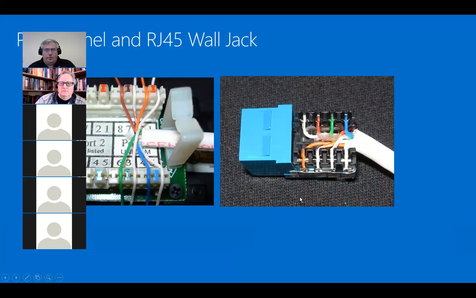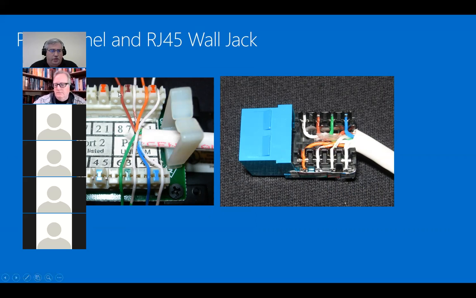The other type of terminator is a modular jack. You find those on the wall or in a patch panel. They have the individual wires stripped out and then punched down into these little slots.